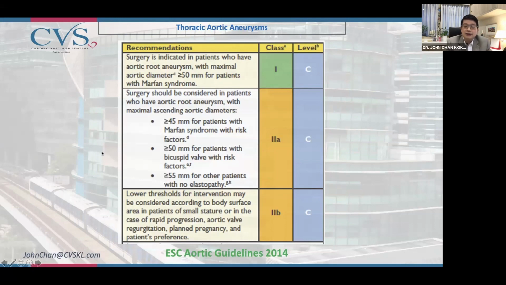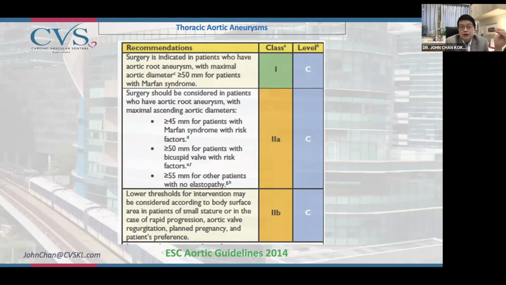In this case, this is from the European Society of Cardiology, that surgery is indicated in patients who have an aortic root aneurysm with maximum diameter of more than 50 millimeters for patients with Marfan syndrome. So Marfan syndrome is a connective tissue disease which puts the patient at increased risk of aortic dissection.